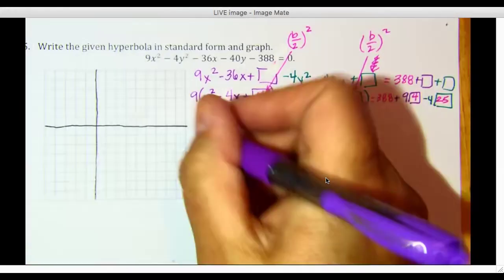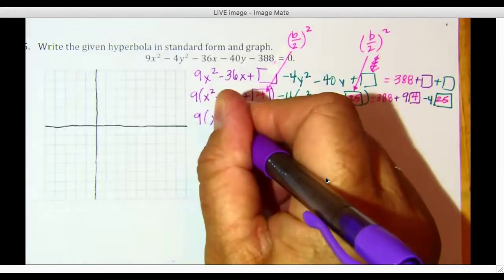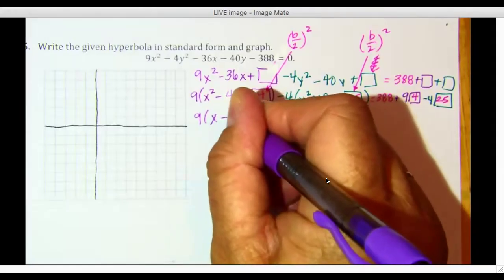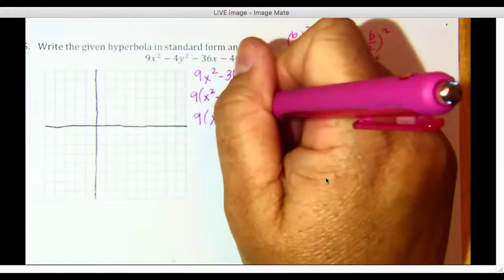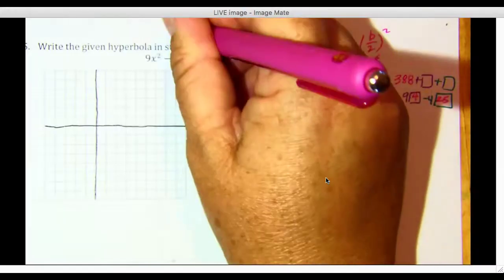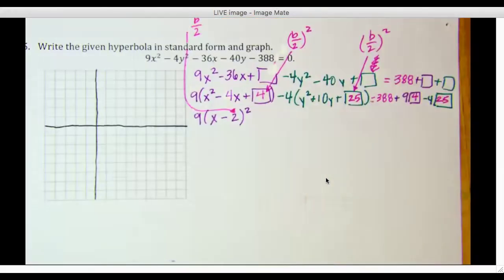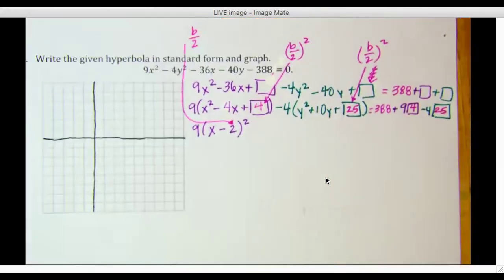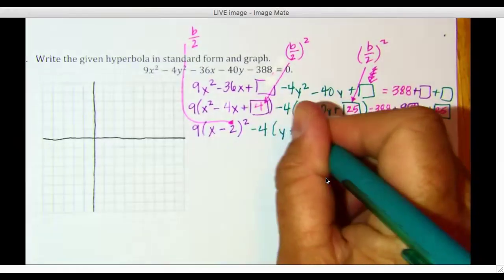All right, so this becomes 9, and then remember this gets factored, so x and then b divided by 2. So this 2 here is b divided by 2. And then -4, and I have y plus 5.